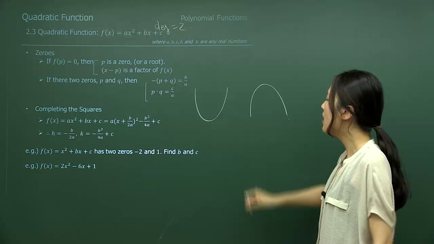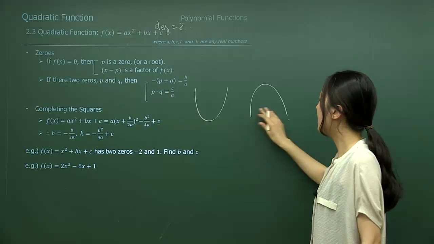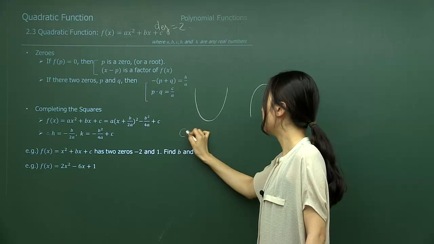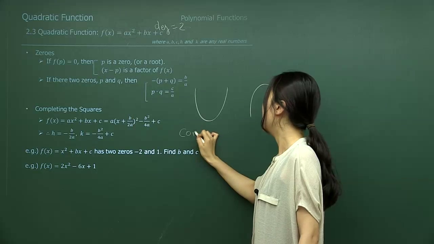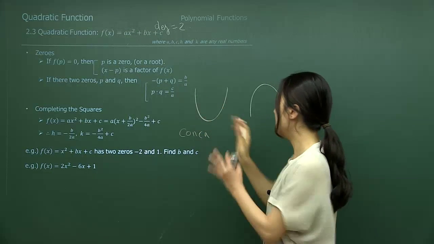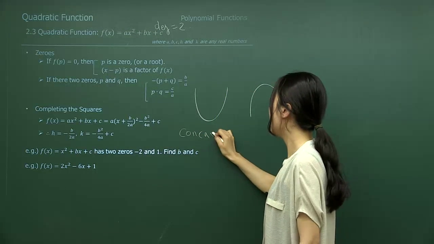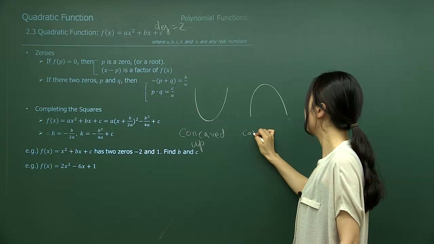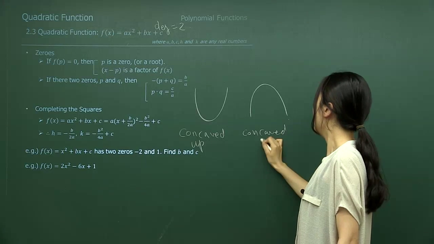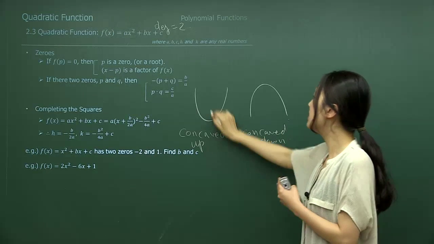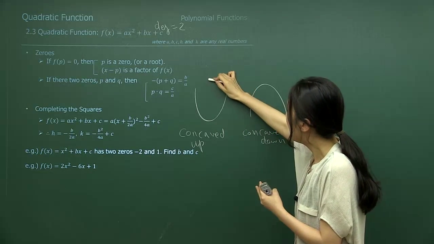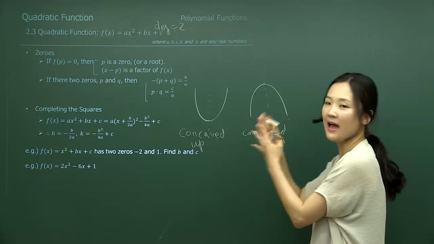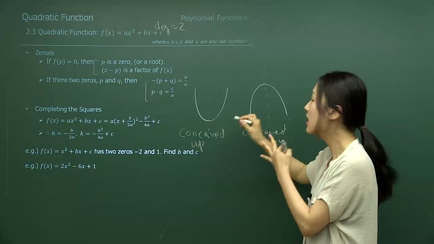Well, first of all, you need to understand what kind of shape it's going to be. We call this concavity. This one is concave upward, and this one is concave downward. And this is actually perfectly folded in half about a vertical line.